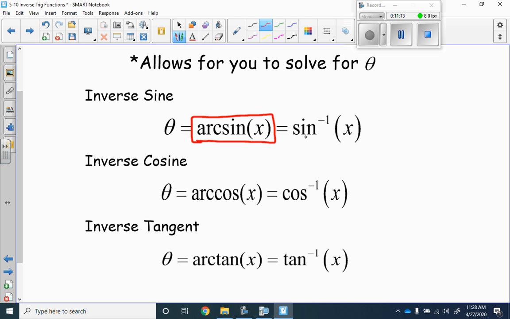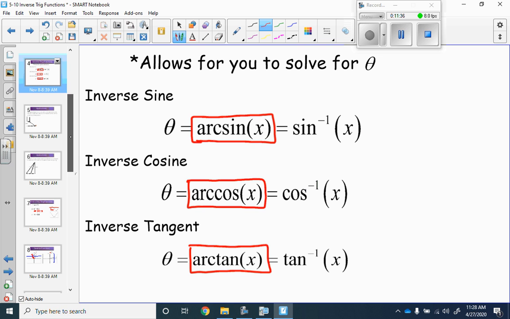And that is the exact same thing as an inverse sine. So here you have arc cosine. It's the same thing as the inverse. Arc tangent, a lot of times they'll just use that in a physics context a little bit more. But otherwise it means the exact same thing.